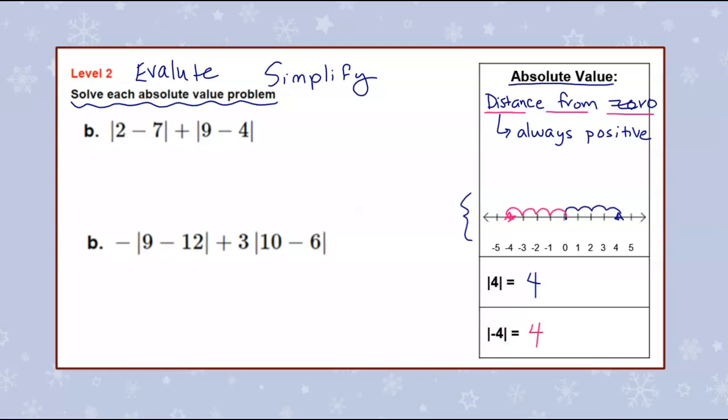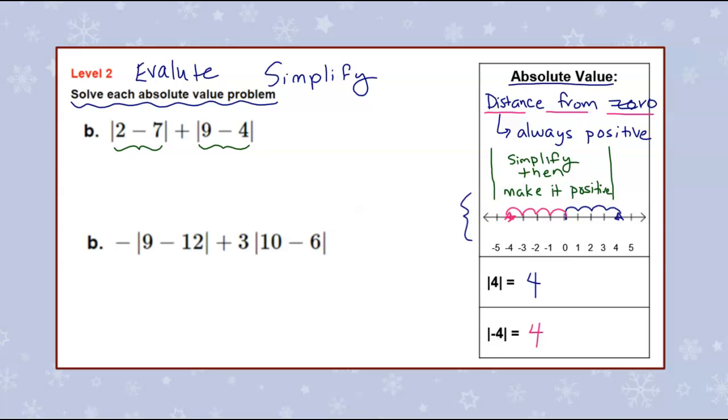So the moral of the story is, whatever is an absolute value, you want to simplify it first by following the order of operations, and then after you're done, make it positive, because it's saying how far is whatever's on the inside away from 0. So for this first example, the absolute value of 2 subtract 7 plus the absolute value of 9 subtract 4.